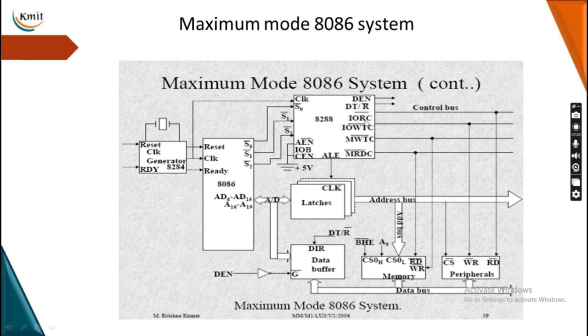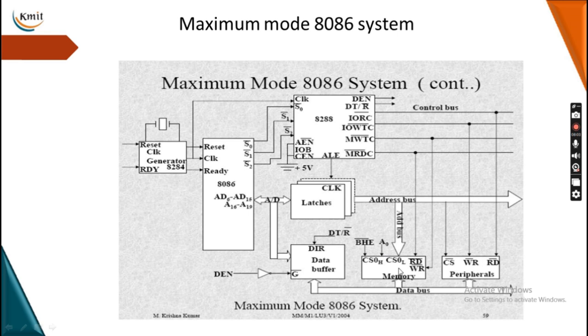So what is the difference now here? All the things are happening according to the 8086 processor only. But the 8086 processor has given the control to the 8288 in order to do its task. This is the only difference between your minimum mode and maximum mode 8086 system. It will do all the operations taking the data from the memory with the help of BHE bar and A0.